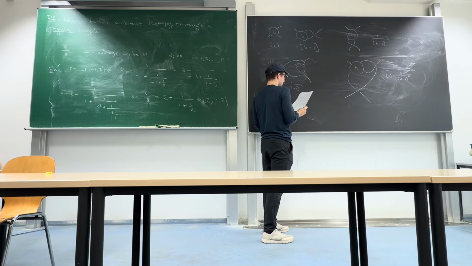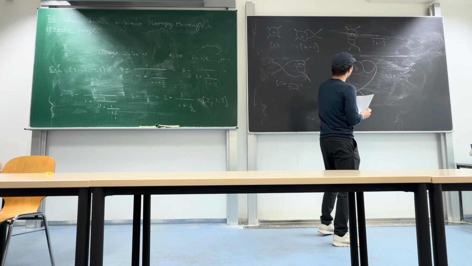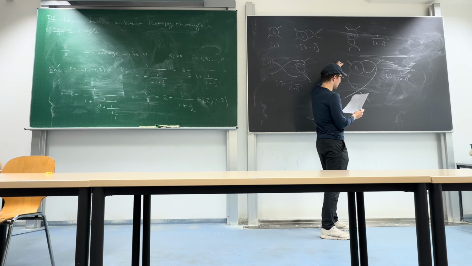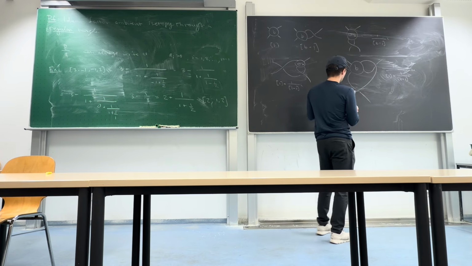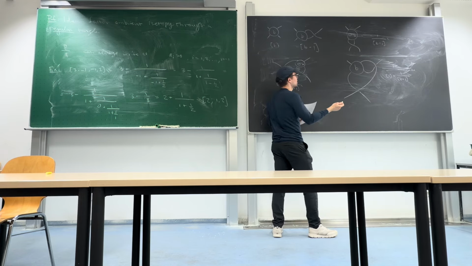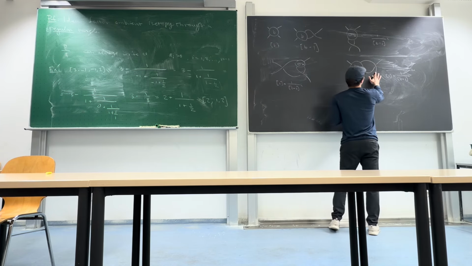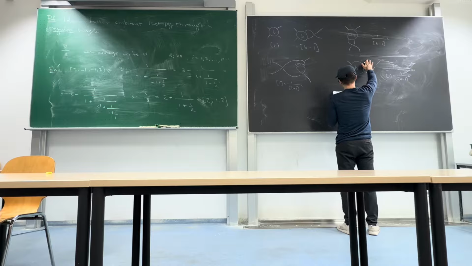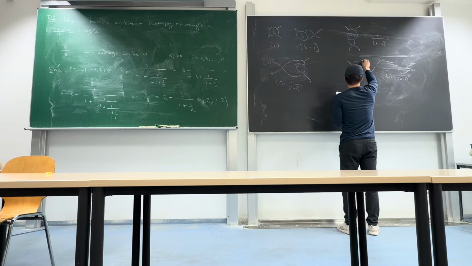And so the point is that we can pull this strand over to the other side. Now we get a much simpler picture, so now we're doing ambient isotopies. So we get something that looks like this.